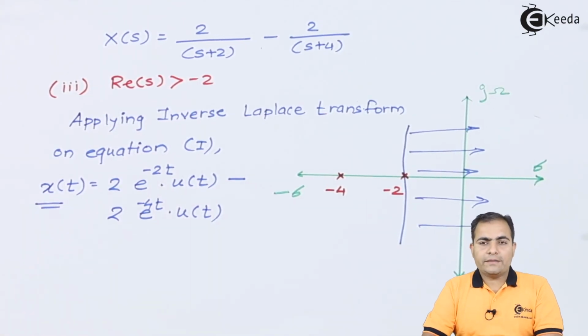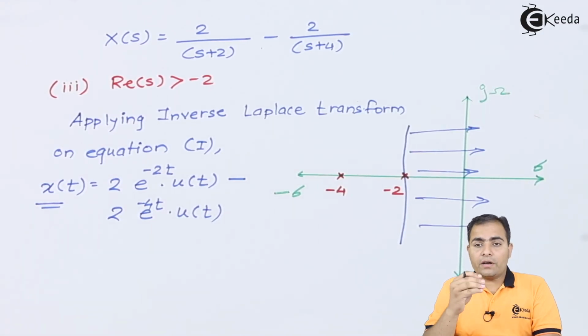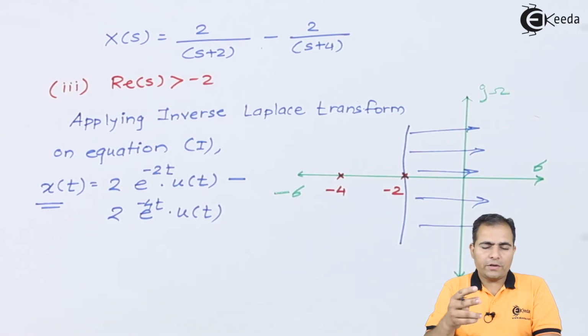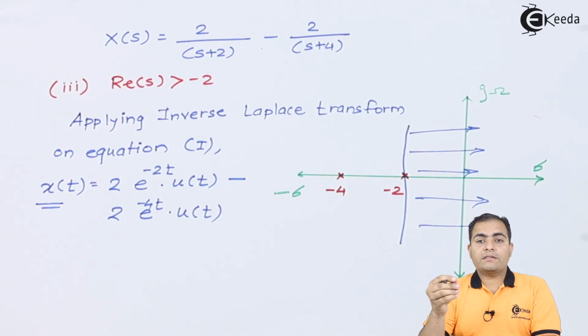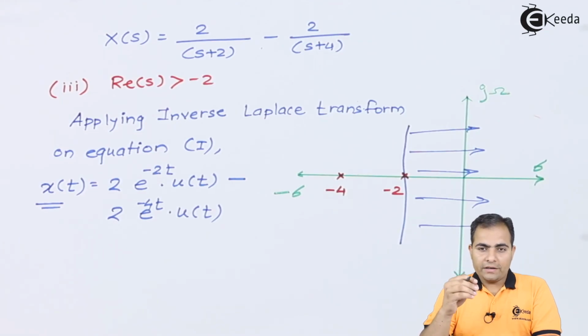Now in exams they will always ask similar types of questions. Most of the time they will tell you to find the inverse Laplace transform for 3 possible ROCs, or any 2 possible ROCs, or a single ROC. So depending on that, you have to decide. In a university exam the question will be asked like: find the inverse Laplace transform of the given function for all possible ROCs or given ROCs.